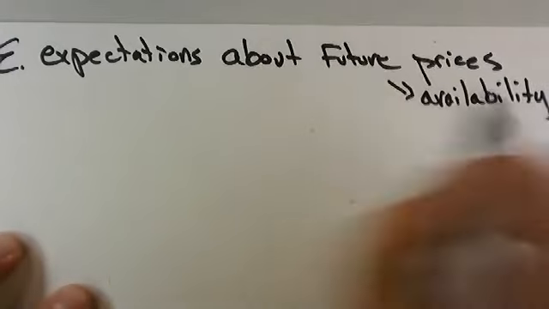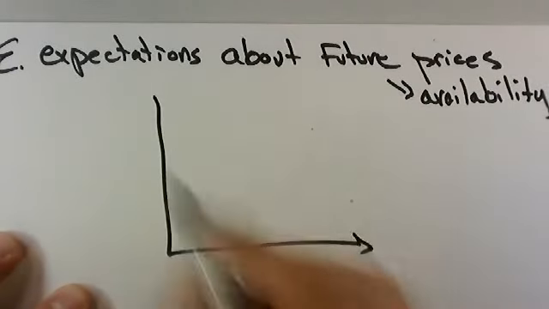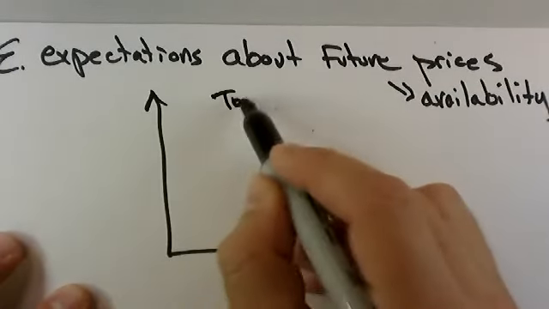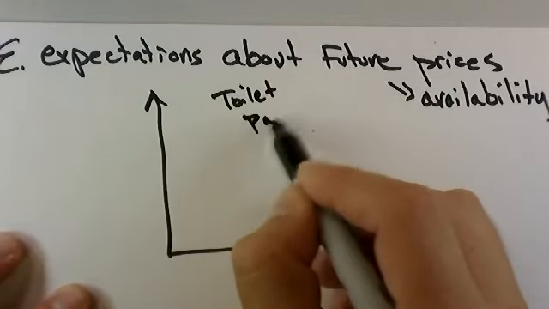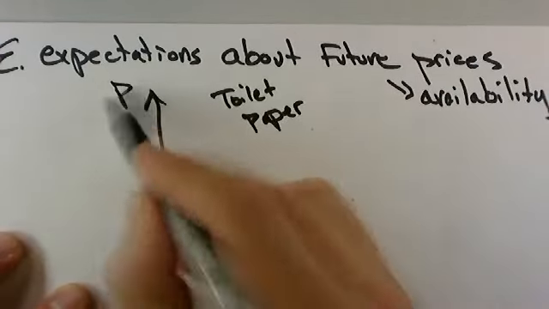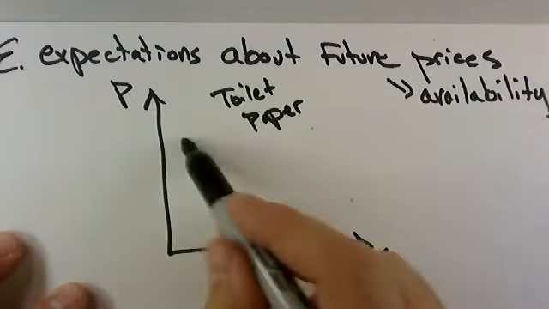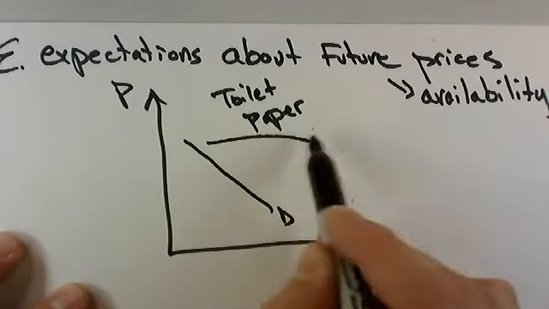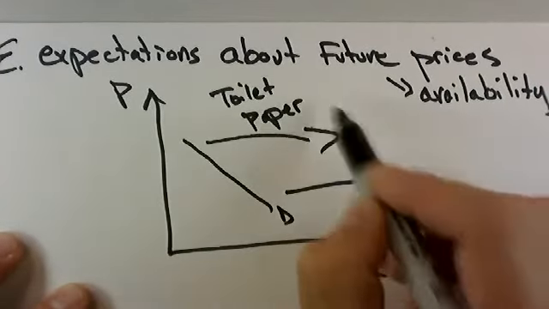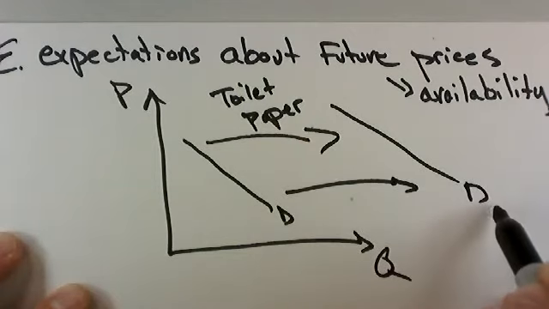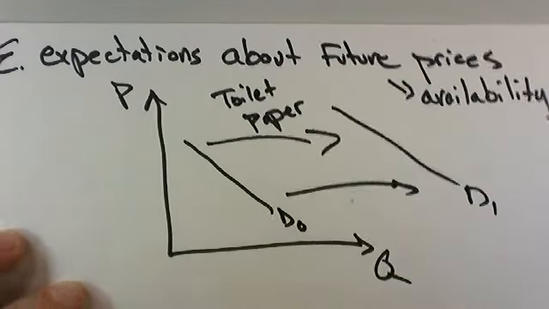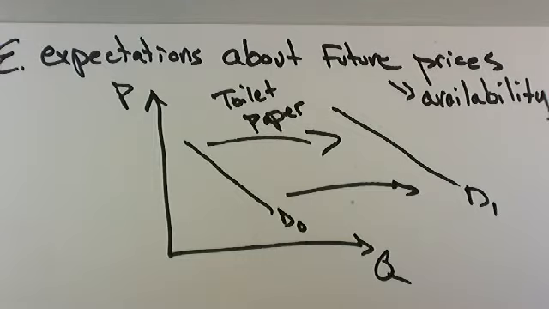So what did we see happen to the market for toilet paper for no reason? We saw the demand go way out, because people were afraid of future availability.